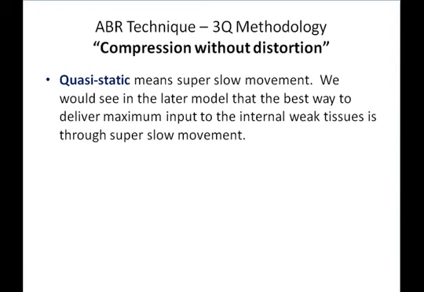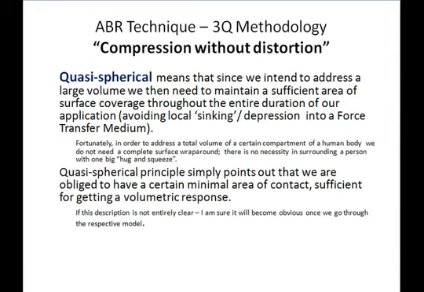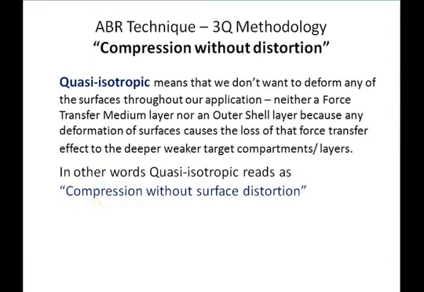So again, that's another facet of it, that the quasi-static also helps us to deliver the maximum to the deeper structures. And the quasi-isotropic, to a certain extent, is a summarizing word here. It means that we don't want to deform any of the surfaces, which is quite straightforward.